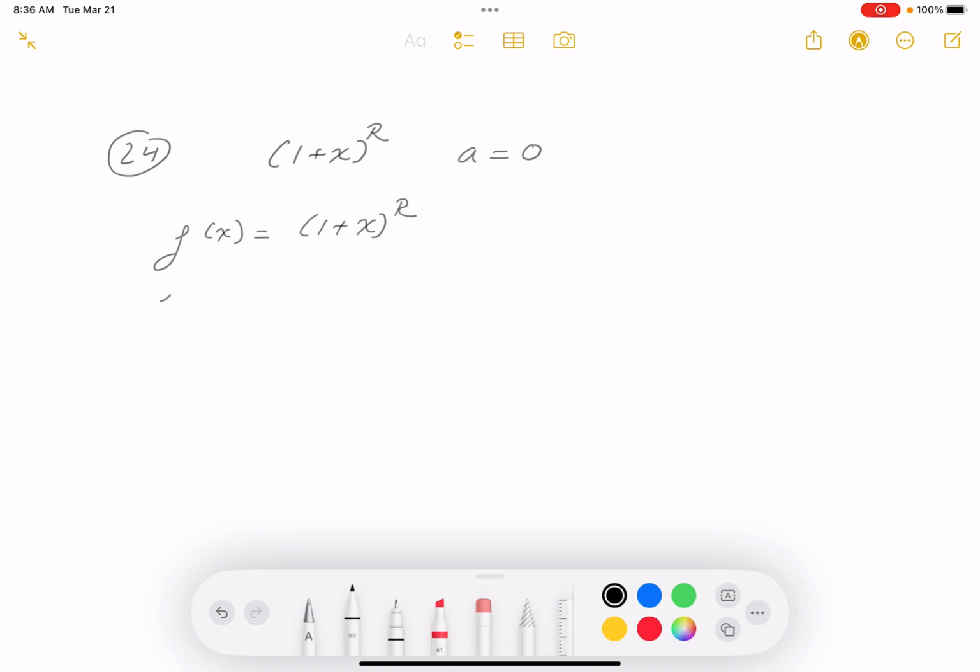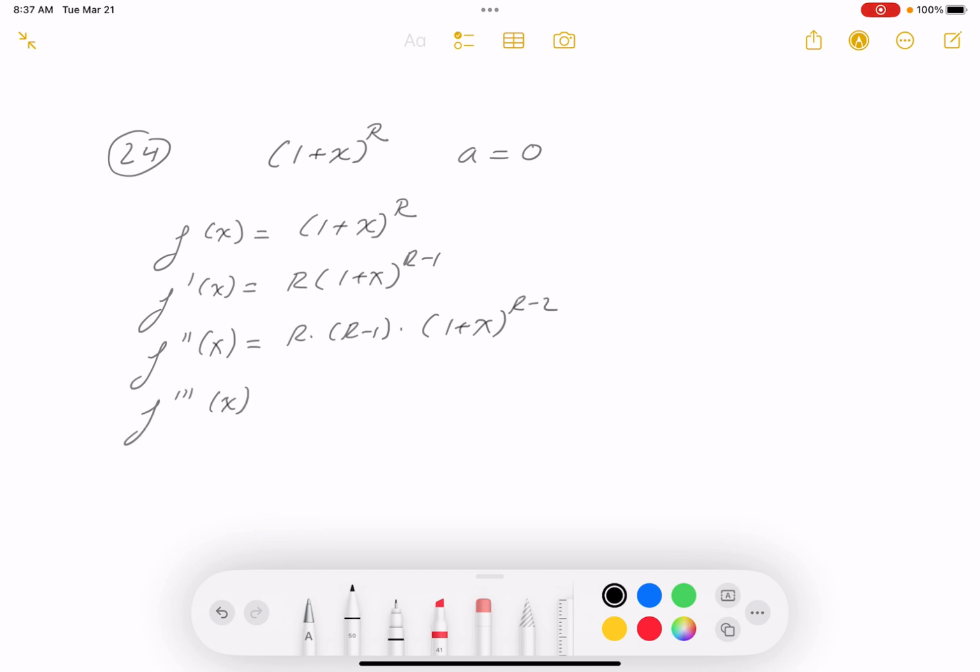What do you do? Write derivatives down, f prime. You can get r, and then you get 1 plus x, and then you're going to reduce r by 1. Put the next derivative down. That's going to be r times r minus 1 times 1 plus x to the r minus 2. I think you get a feel for it. I'll write a couple more down.